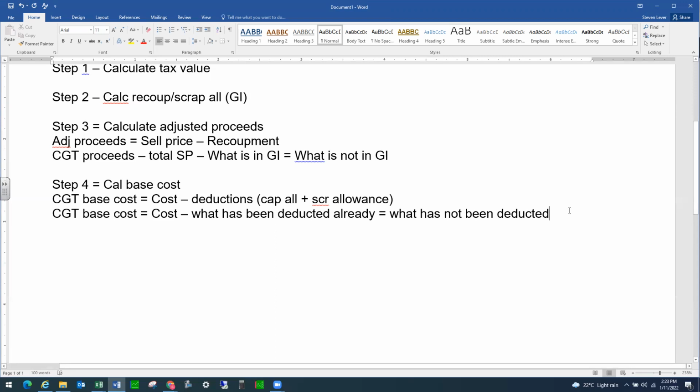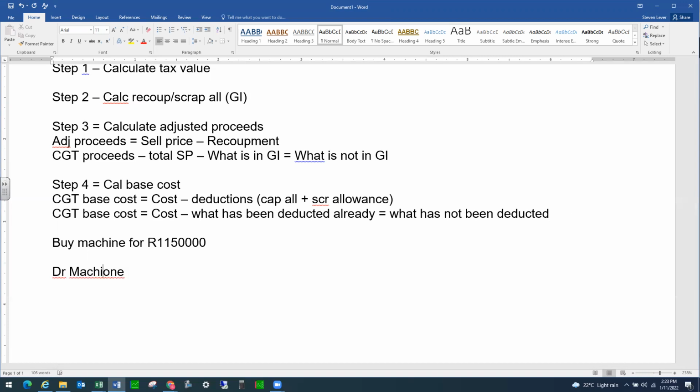If you buy a machine, so if the question says buy a machine for 1,150,000, your entry is going to be debit machine, 1 million, debit VAT input, 150,000, credit bank or creditor, 1,150,000.